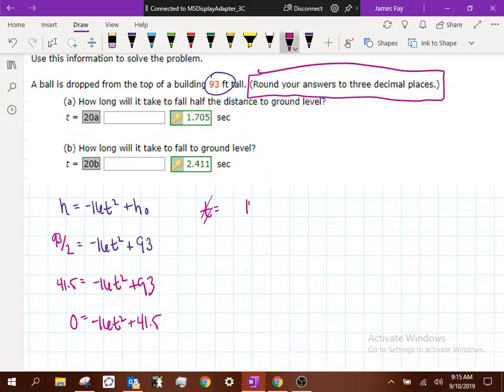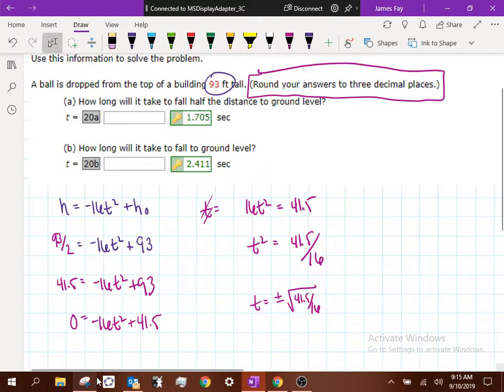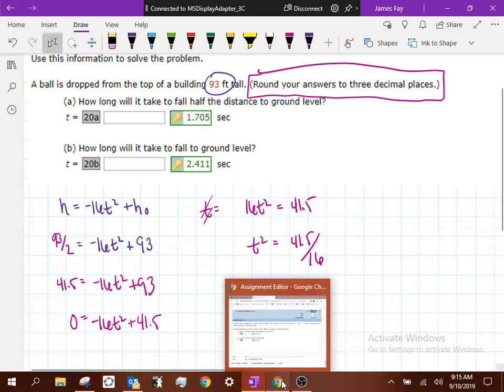I'll have 16 t squared is equal to 41.5. Divide both sides by 16, I get t squared is equal to 41.5 over 16. Then square root both sides. We'll grab our calculator here.